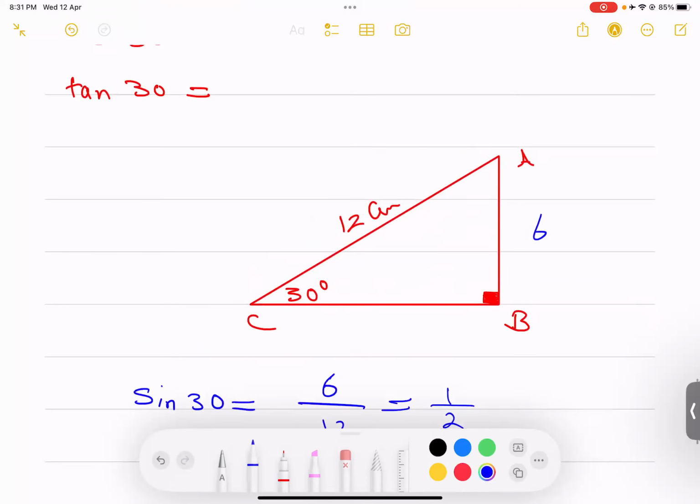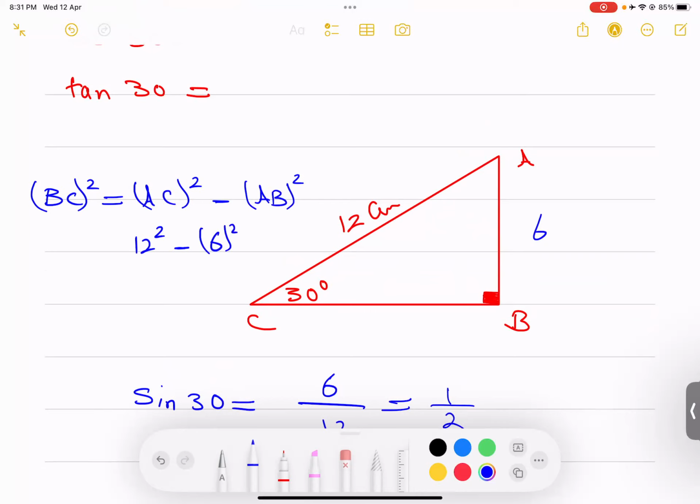So if you want to get the BC, BC square is going to be the square of the hypotenuse minus the square of the other side. So it's going to be AC square minus AB square. Let me apply it. This one is 12 power 2 minus 6 power 2. Is it correct?